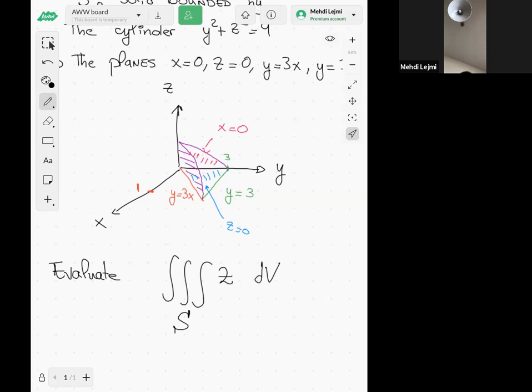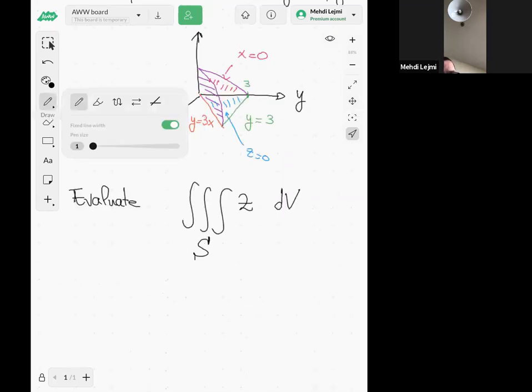As I said, guys, in general you have to fix two coordinates. This is the three-dimensional case, so we have three variables. When you have three variables, the best strategy, I would say, is to fix two coordinates. For example, let's fix the xy coordinates.